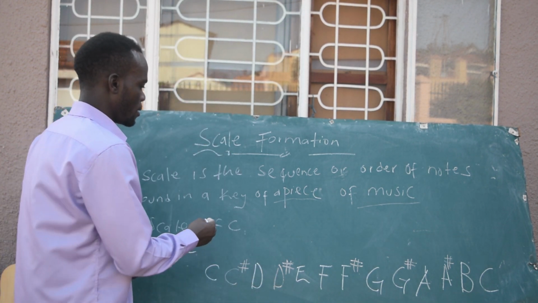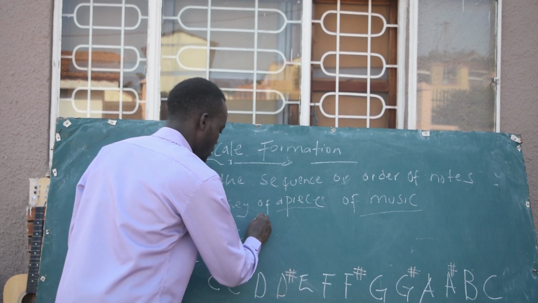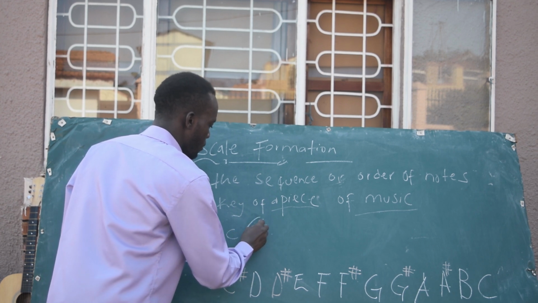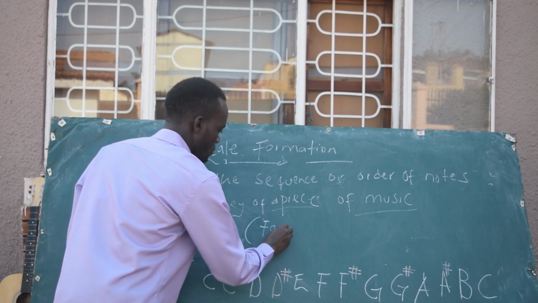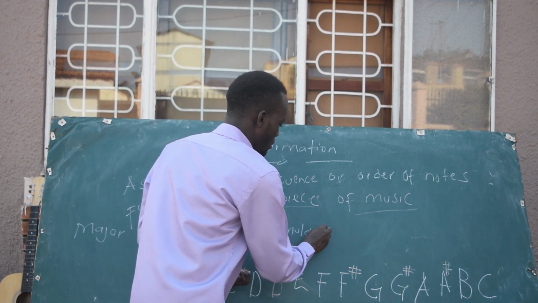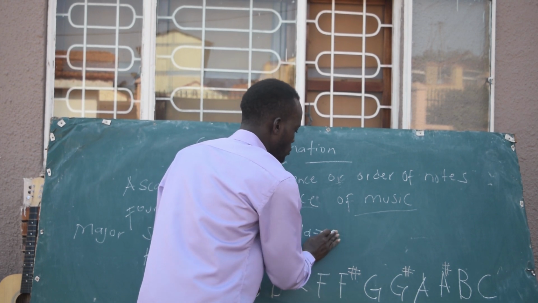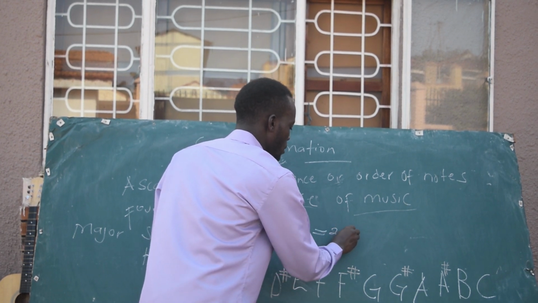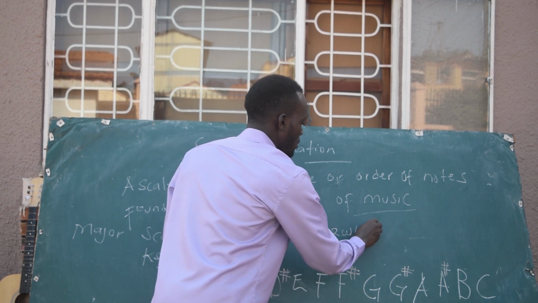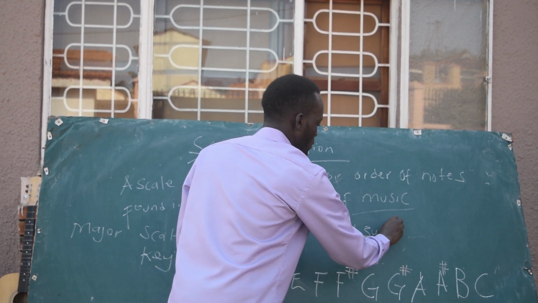The formula of finding the major scale equals two whole steps, a half, then three whole steps, a half.